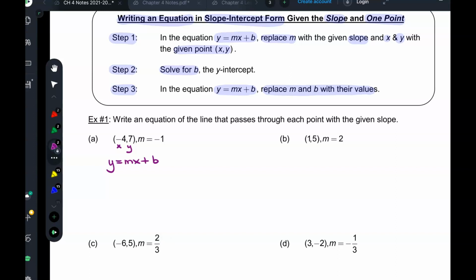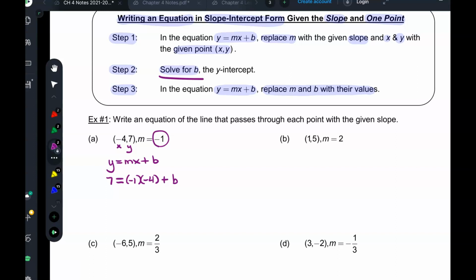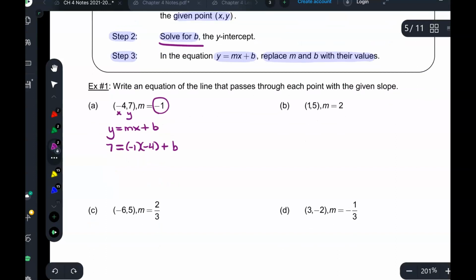Notice how I labeled, y was 7, so right underneath that I'm going to put 7 equals, m was negative 1, so I'm going to replace m with negative 1, x was negative 4, and then I have plus b, right? Well, remember, that's what I'm trying to solve for. So once I plug all those values in, I should only have one variable, and that should be b.